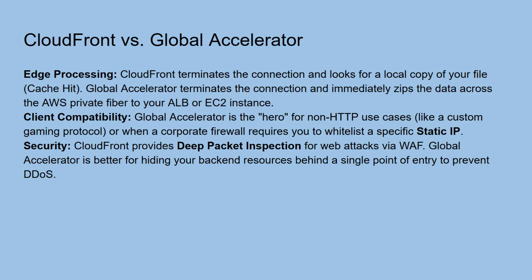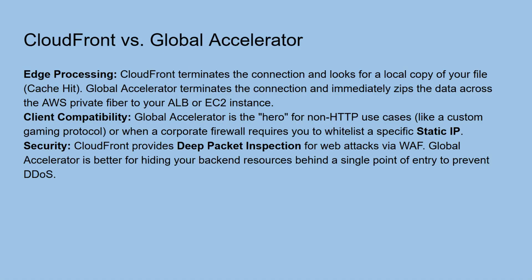Now, CloudFront versus Global Accelerator. In edge processing, CloudFront terminates the connection and looks for a local copy of your file, cached. Global Accelerator terminates the connection and immediately zips the data across the AWS private fiber to your load balancer or EC2 instance.